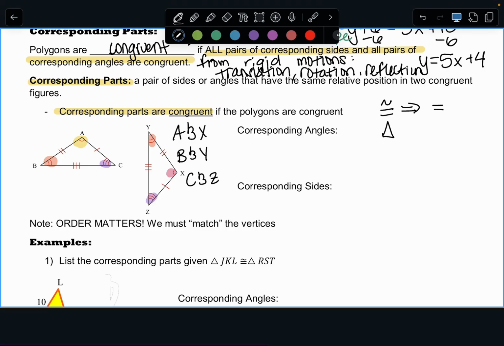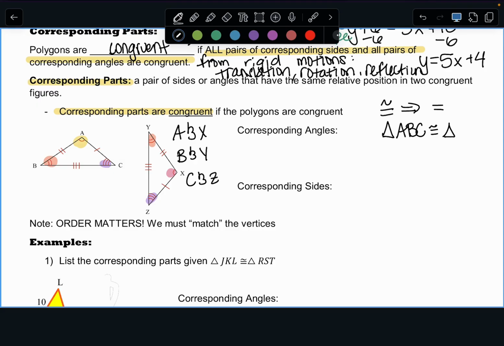You write your triangle. Let's call the one on the left A, B, C. Whatever we call the next triangle has to match with our corresponding parts. Meaning whatever letter goes with A, that has to be listed first, because it was listed first here. Whatever letter goes with B has to be listed second, and so on.